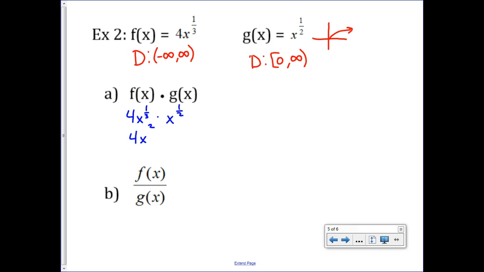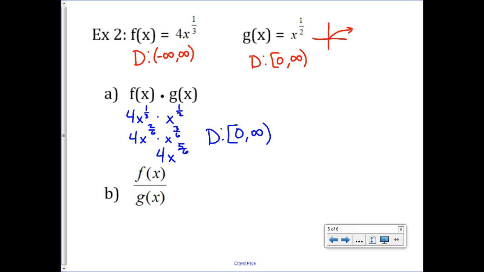So I have 2/6 plus x to the 3/6, and I end up with 4x to the 5/6. So that's the 6th root of x to the fifth. Again, we can't have anything smaller than 0, but 0 would be okay. So 0 to infinity.